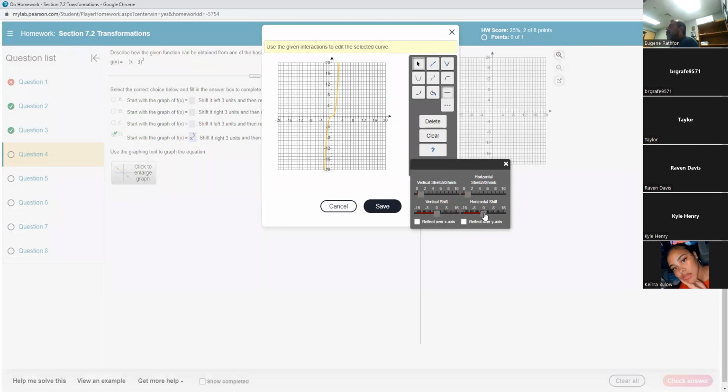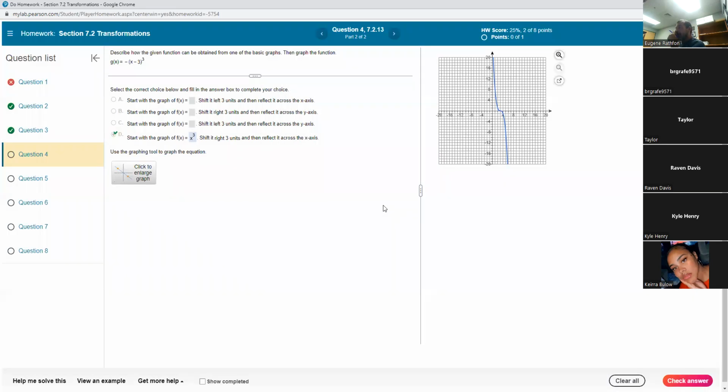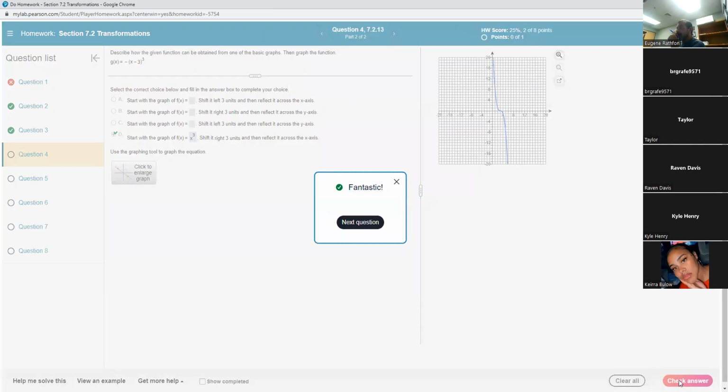So you come down here to horizontal, put that on +3. So it moved it over. Now to reflect it over the x-axis, I'm going to come down in the bottom left corner where it says vertical flip and check that box. Once I've got that checked, I can save it and then check my answer.